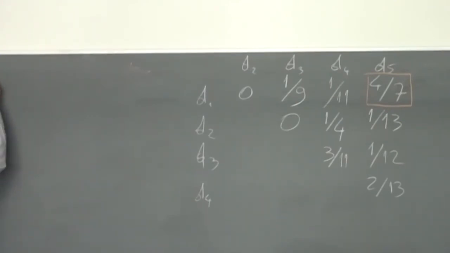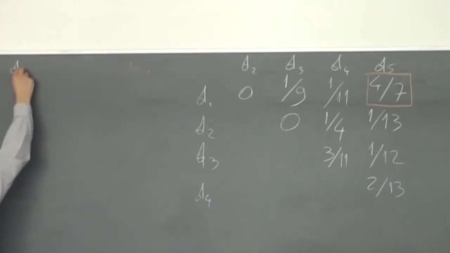So we can just draw D1 and D5 and say that we join them at a similarity level of 4/7. This is the similarity at which we can group them together.